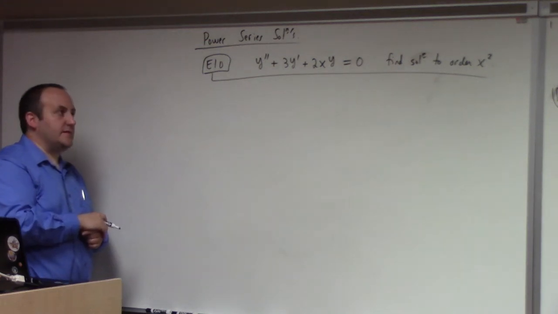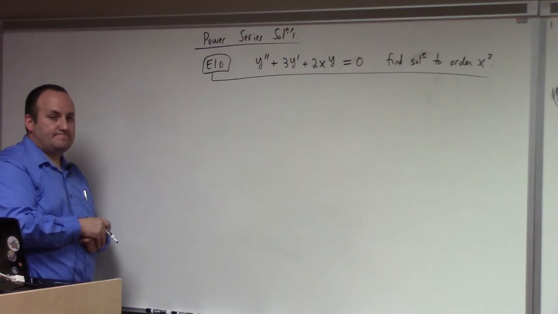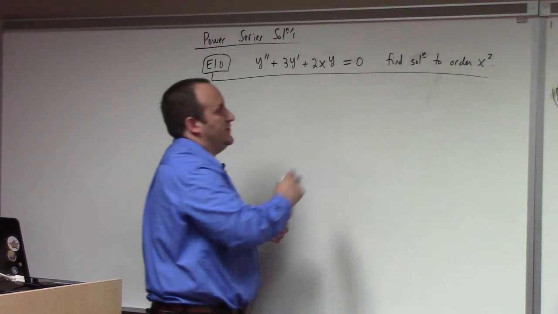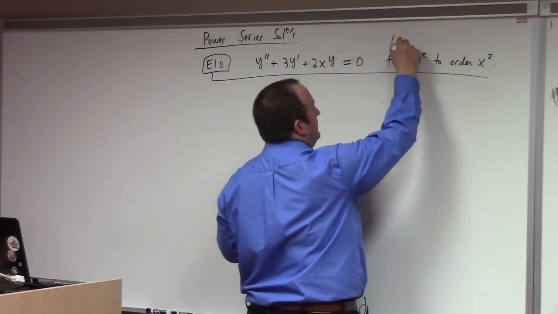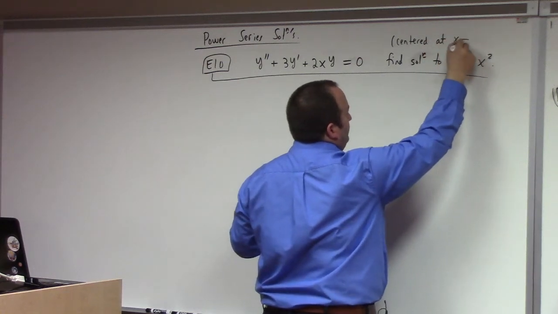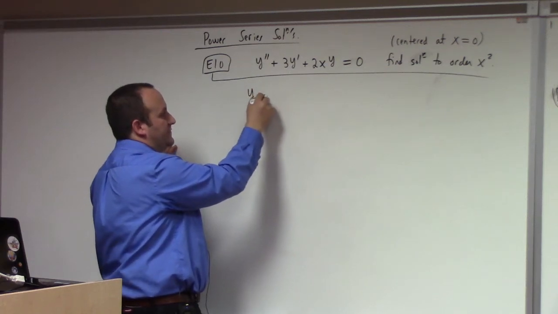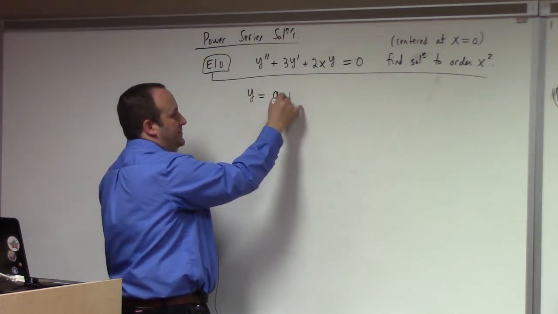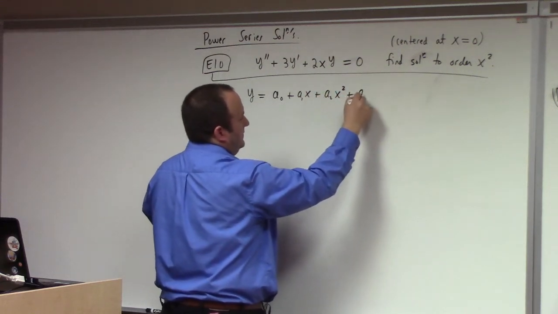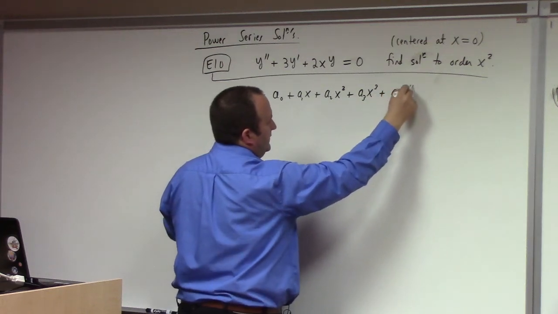So the basic idea here is to just assume that your solution is a power series. To be more specific, I'm talking about centered at 0. We're usually doing that. Centered at x equals 0 means that the generic power series looks like this: y equals a naught plus a1x plus a2x squared plus a3x cubed and a4x to the 4th and so forth.